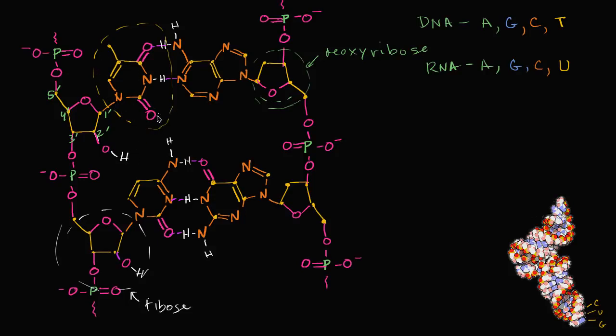This nitrogenous base right over here is thymine, and it forms hydrogen bonds with adenine right over here. If I want to turn it into uracil, I just have to get rid of this methyl group right over here. If I replace it with a hydrogen that is just implicitly bonded there, now I'm dealing with uracil.